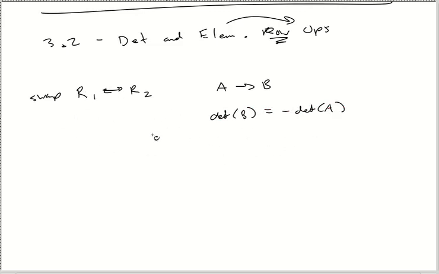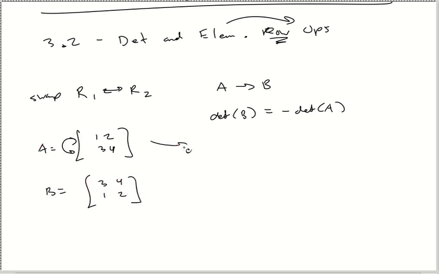I know this sounds kind of weird, so I want to show you a physical example with numbers. So 1, 2, 3, 4, and what if I row swap these? Okay, so then I actually now have, this was my A, but now this is my B, a 3, 4, 1, 2. Well, what's my determinant of this guy versus this guy? Well, the determinant of A, if you can see, is 4, again, minus the 6 equals the negative 2.